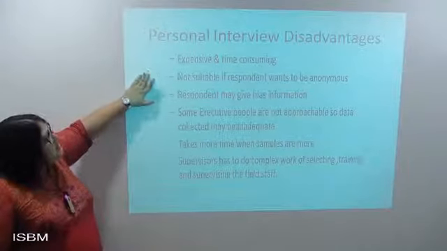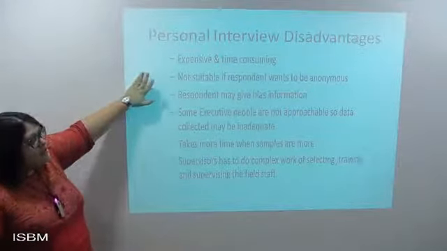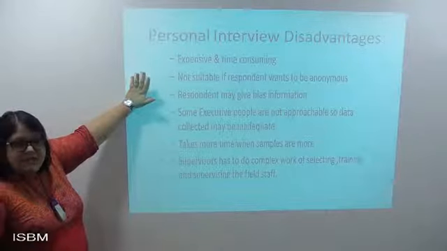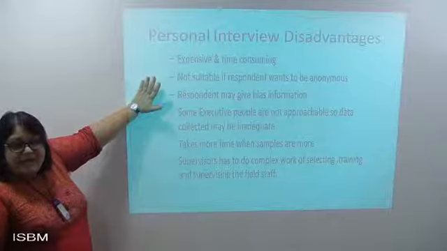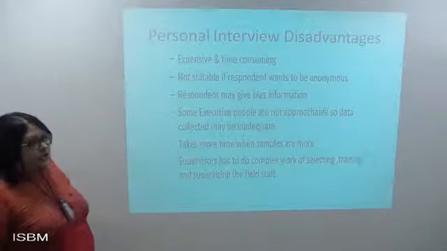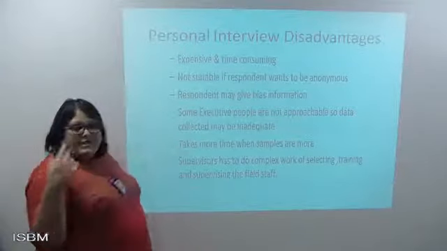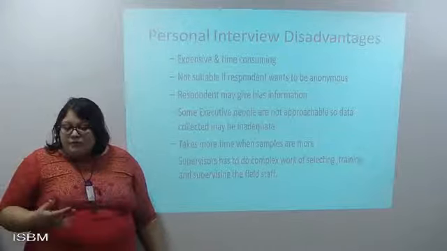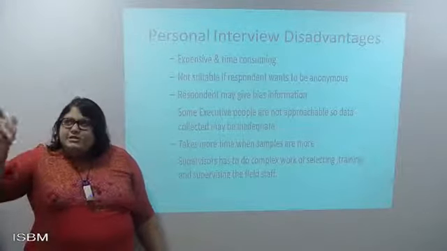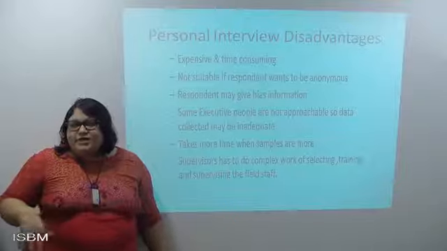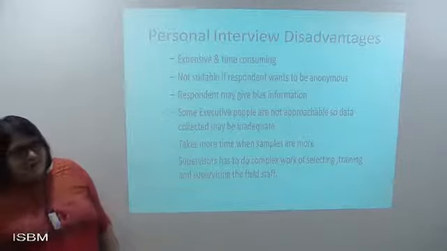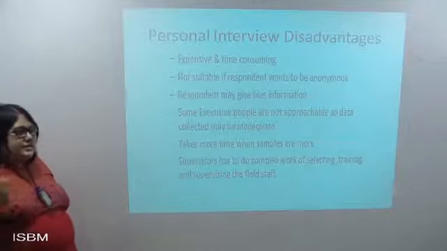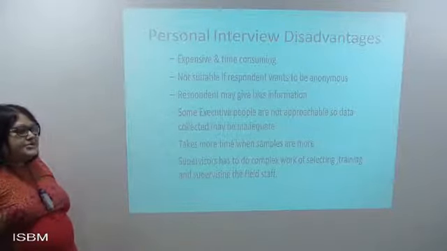Now, it is not suitable if respondents want to be anonymous. So if a chief engineer is corrupted and the subordinate engineer wants to personally tell you that, okay, our chief engineer is a corrupted one, the funds are all pocketed by him, which is why we have to compromise on the materials which we use for the construction process and all.